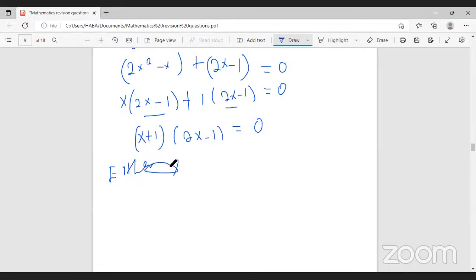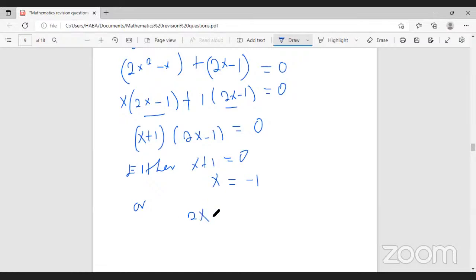And then we say either x plus 1 is equal to 0, and here x will be equal to negative 1. Are we following? Yes, teacher, I am following.